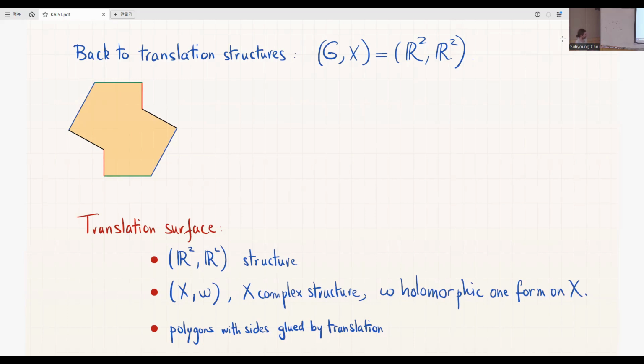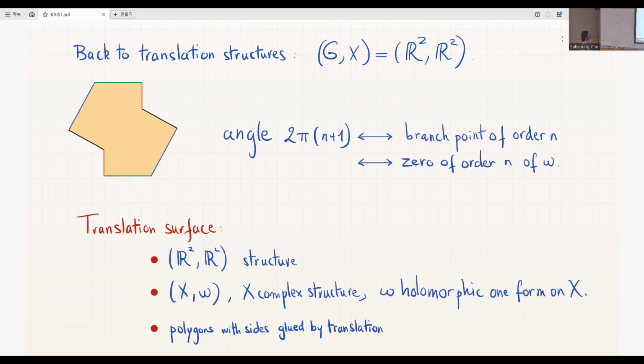And actually, there's a third way of thinking about translation surfaces: it's just a couple of a complex structure and a holomorphic one-form. So we can think about the space of translation surfaces as a bundle over the Teichmüller space, where each fiber is just a space of holomorphic one-forms.